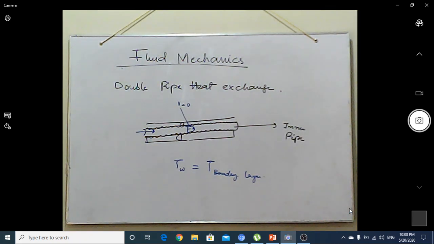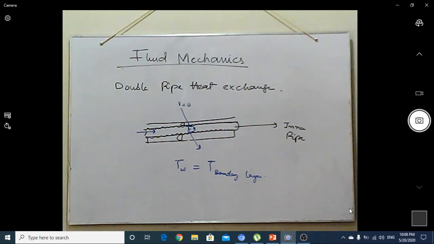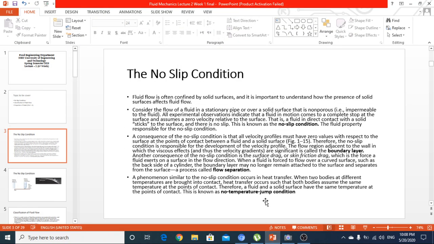So this phenomenon is also called the no temperature jump condition, as I have discussed here. So this condition is called the no temperature jump condition.